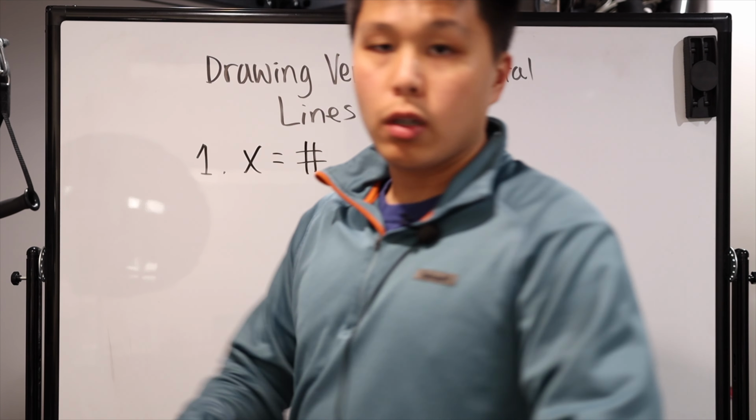What that means is that whatever x is, you find it on the x-axis. If it's 1, you find the 1 and you draw a line straight up and down, which is your vertical line, basically parallel to the y-axis.